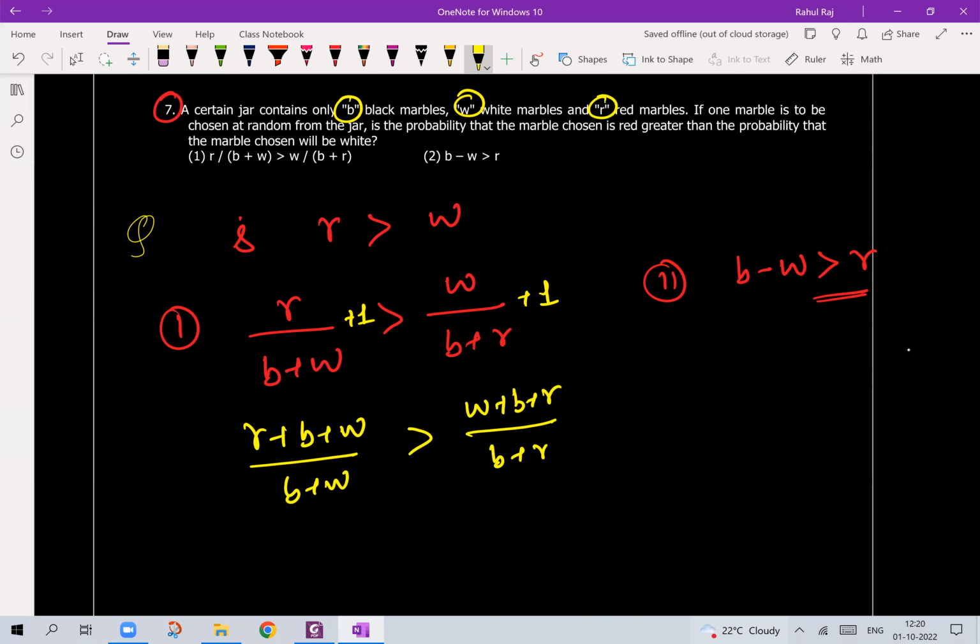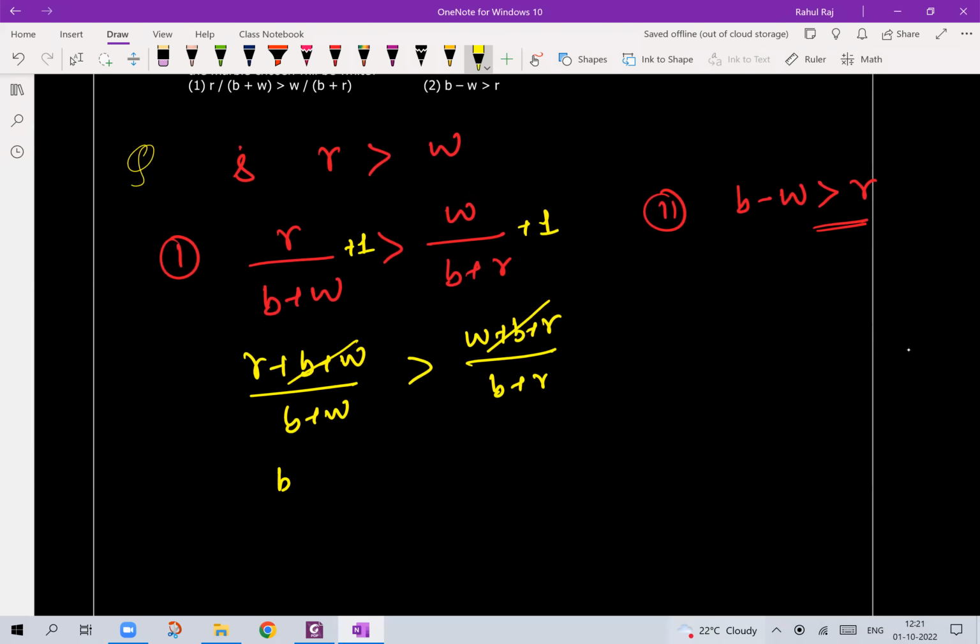This is the commutative and associative property, which we have studied in class 8, 9, 10th, I think. Why are we adding plus 1 on both the sides? Just to ensure that my numerator becomes the same and it becomes easier for us to solve the question, because now I can cut this. That's it. And I can cross multiply. B plus R is greater than B plus W.